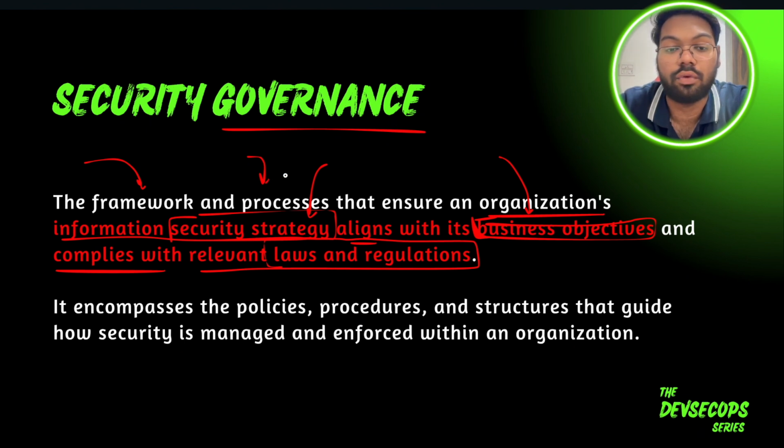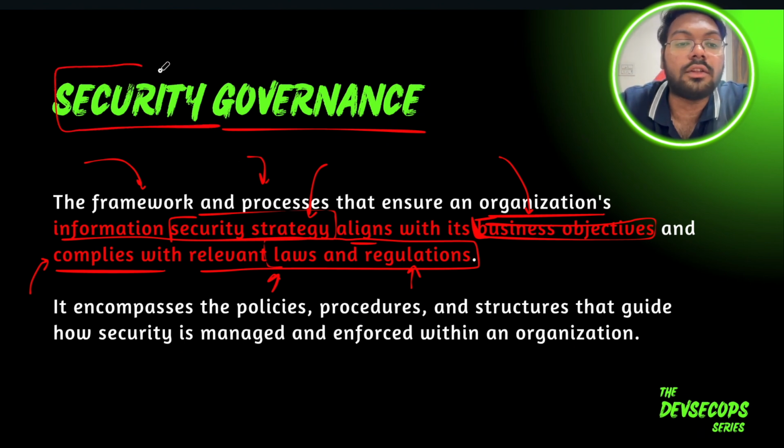So the security strategy and this business objective should comply with the regulatory laws, or regulations, of the nations or countries that your software is being deployed to. That's why security governance frameworks and processes are really important for us to know.